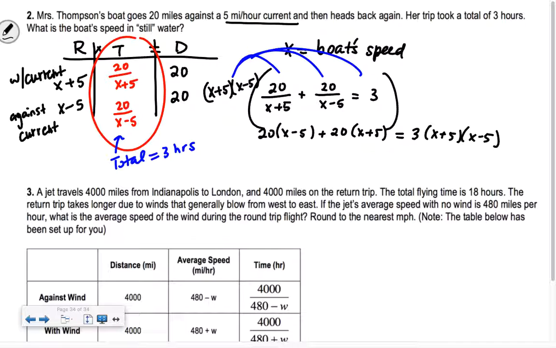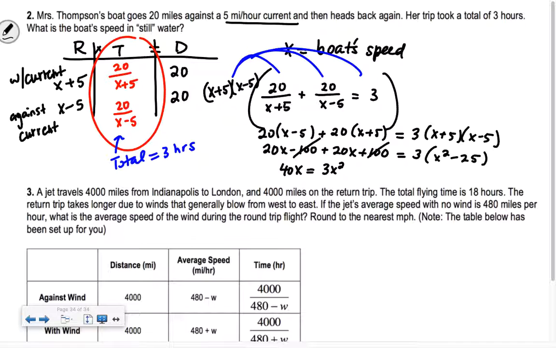And we just solve it all out. So we get 20x minus 100 plus 20x plus 100 equals 3, and then when we FOIL it out, the outer and inner terms cancel, so we get first and last: x squared minus 25. Cancel, cancel, 40x. You can just write the answer if you want to just pay attention, that's fine. So 3x squared.